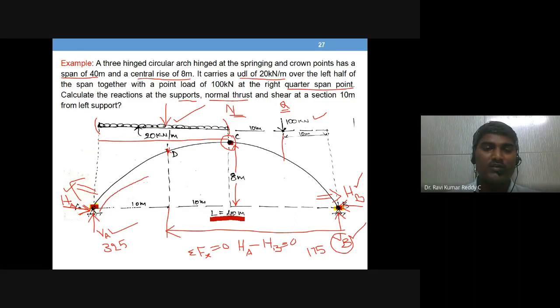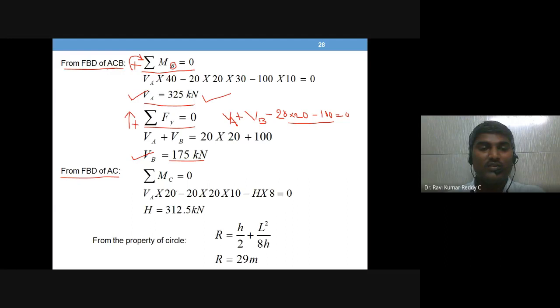So sum of all moments to the left is equal to 0. That is what I am going to use. Sigma MC is equal to 0, the sum of all forces to the left of C.